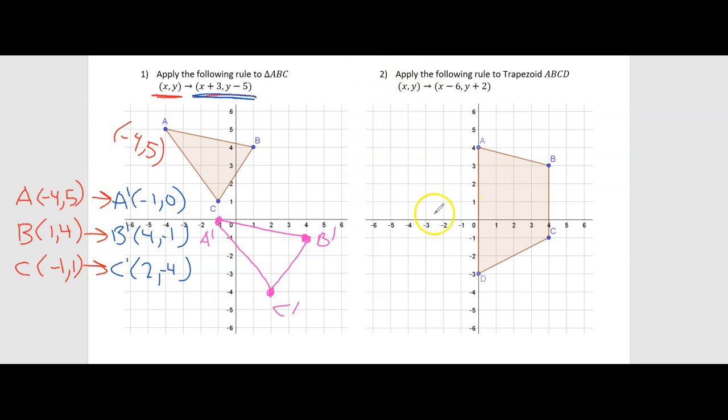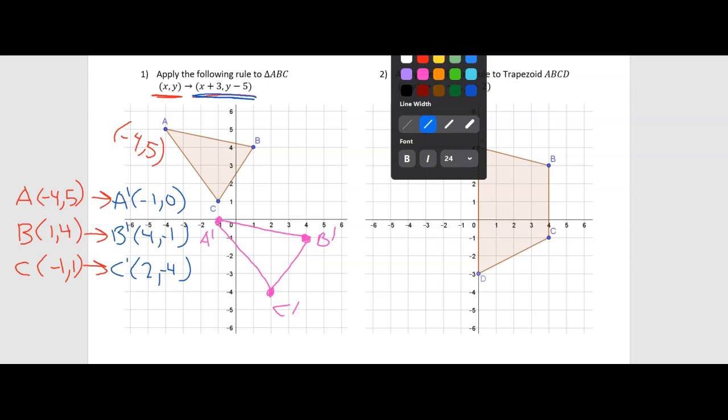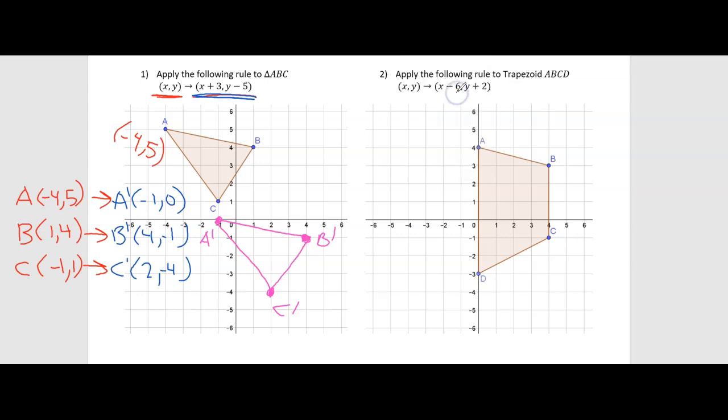You can do the same thing for number 2. I encourage you to do this the same way. Now, some students like to just count the blocks, right? So I showed you the method I prefer first. The other method that students may discover or that they may revert back to is I'm going to start with A, and they're going to count over 3 and then down 5.